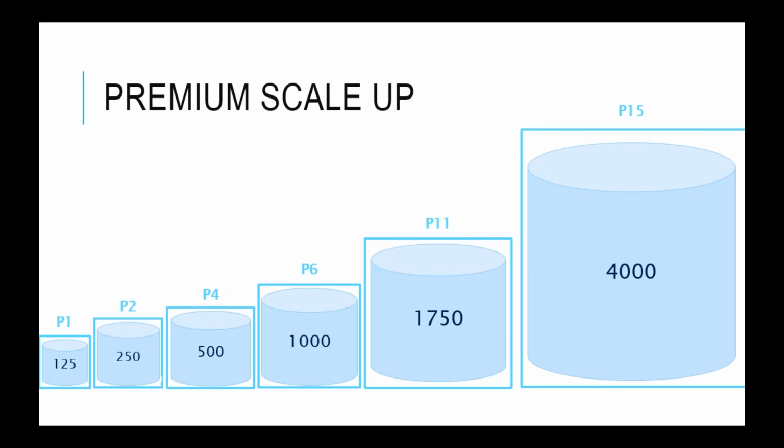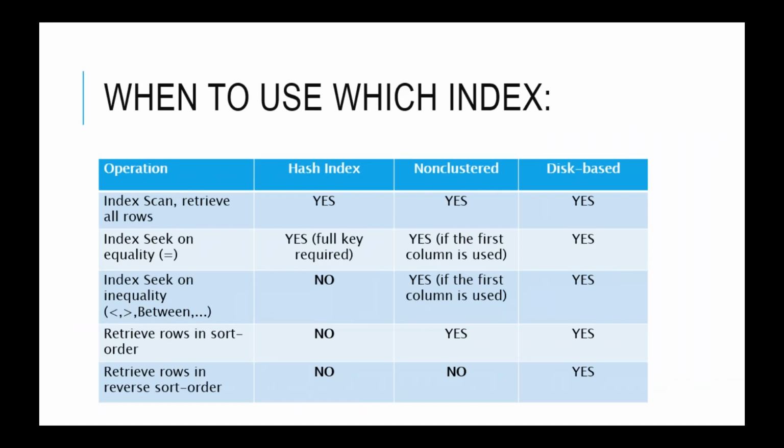And you can scale them from a relatively small number of DTU performance of P1. You can go right now to P15, which gives you an incredible number. So you can expect that P2 gives you double the performance of the P1, and so on and so forth.